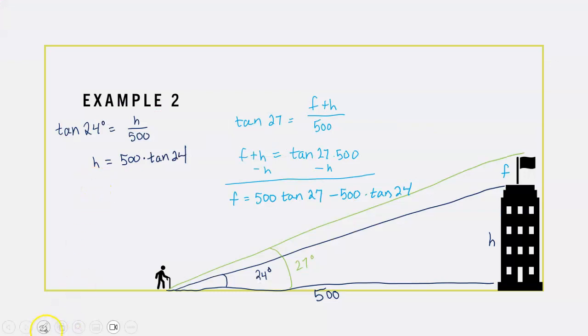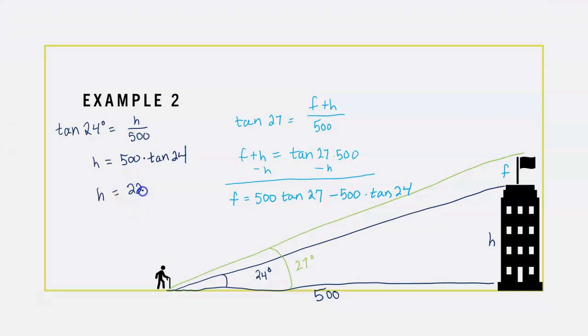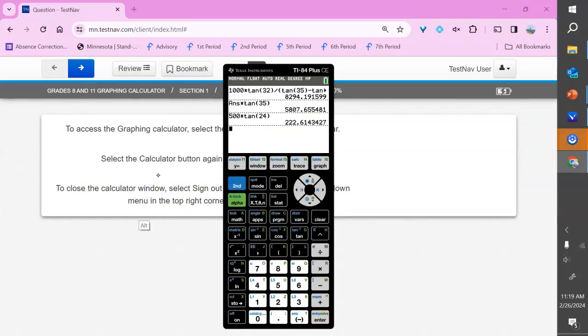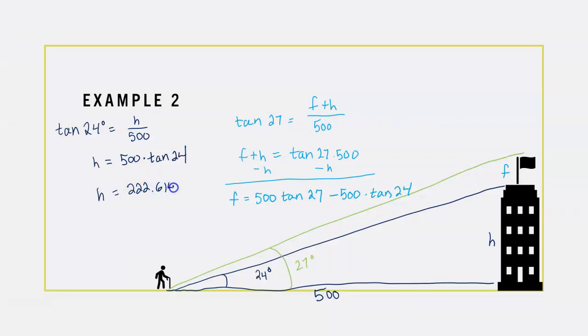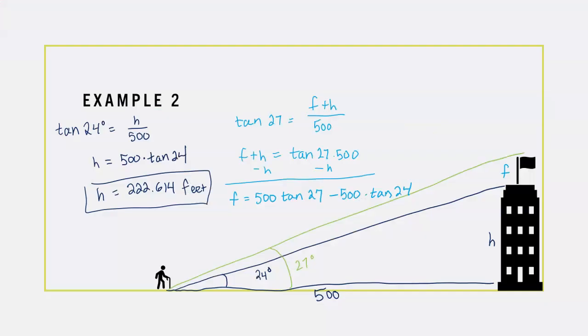Okay, so the height of the building is 222.614, and our units that we're using are feet. So that's how tall the building is. And what I can do with that number is I can store that so that I don't have to try to remember it. So that's the height of the building.